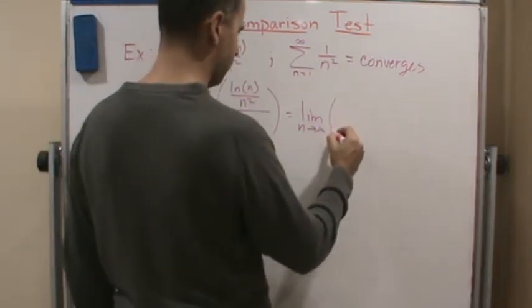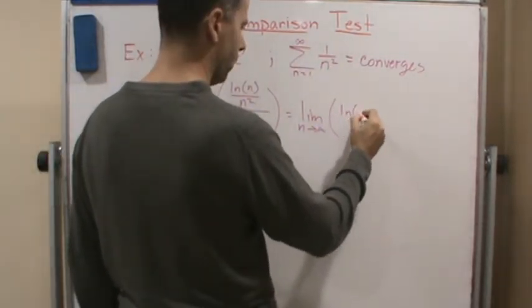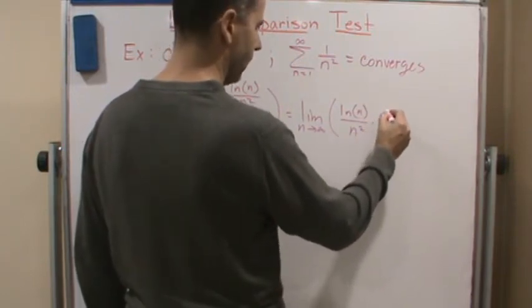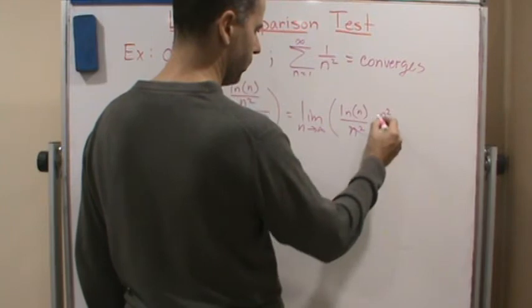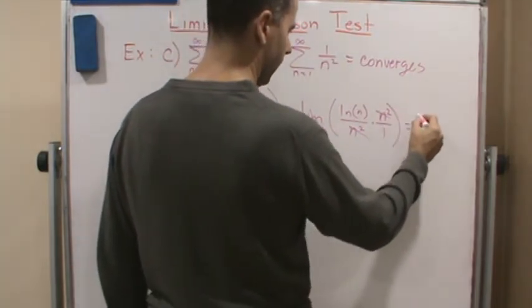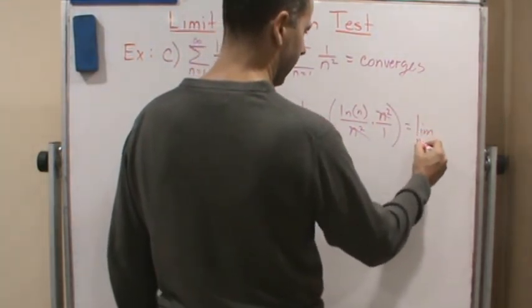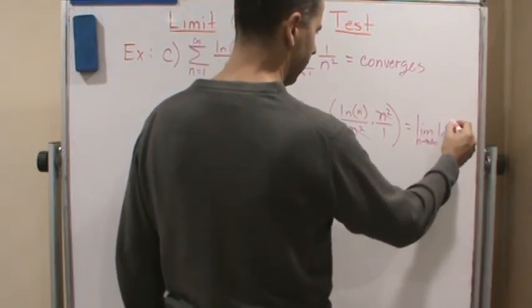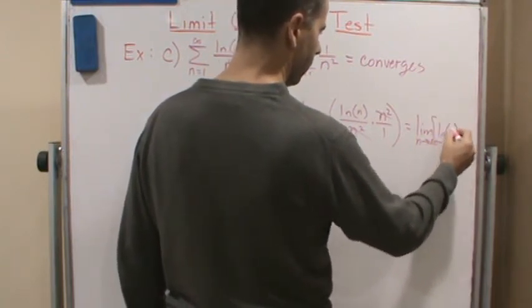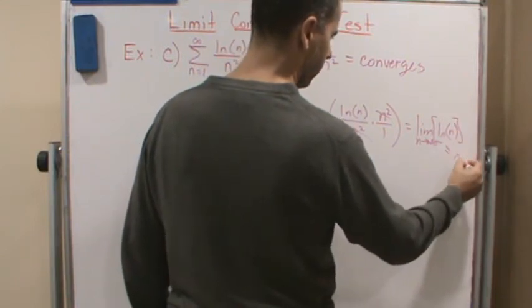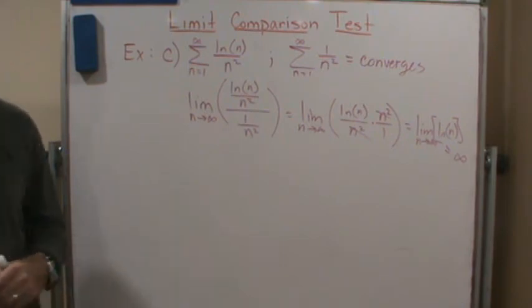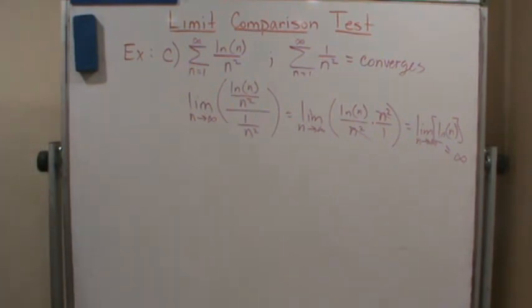Well, this is just going to become the natural log of n over n squared times n squared over 1, and so these are going to cancel, and we get the limit as n approaches infinity of the natural log of n, which equals infinity.